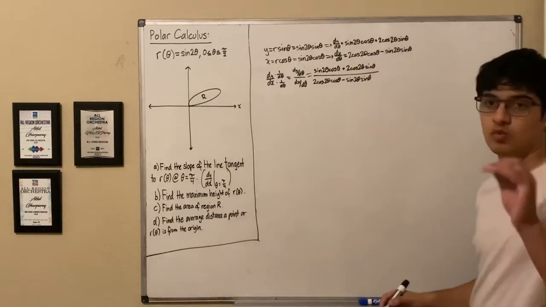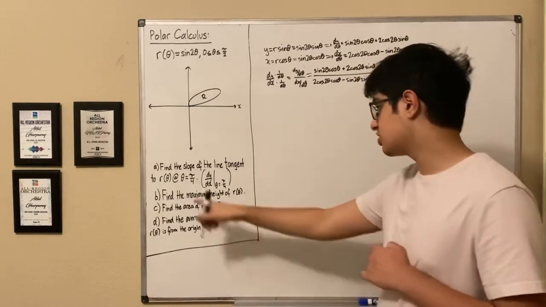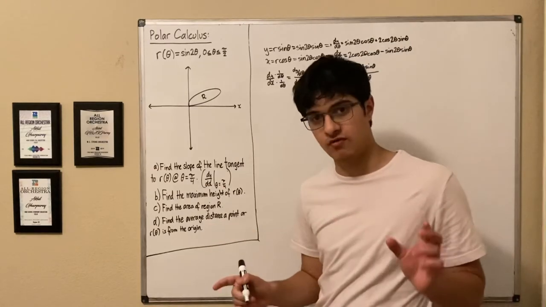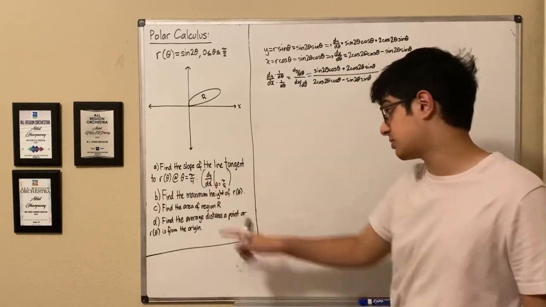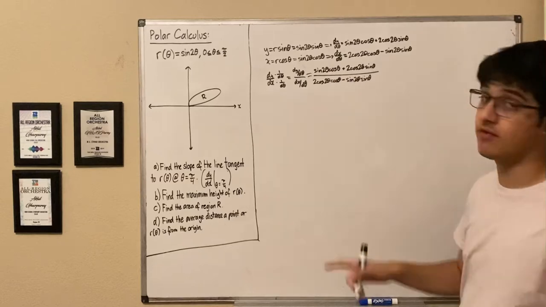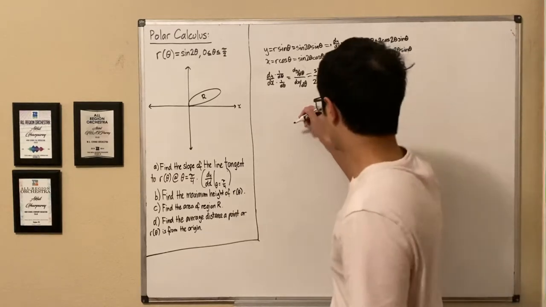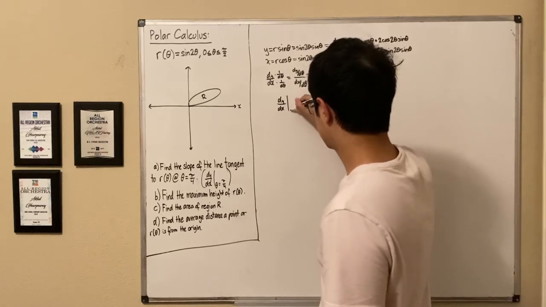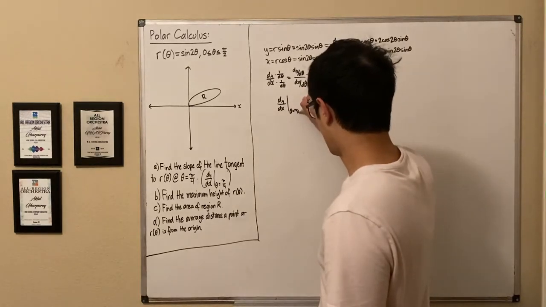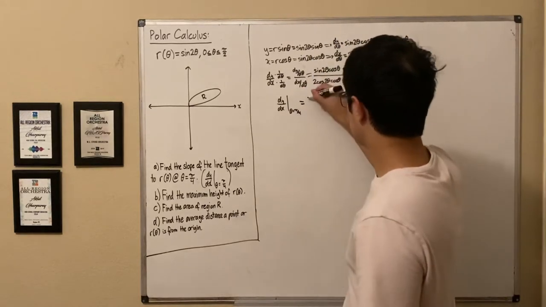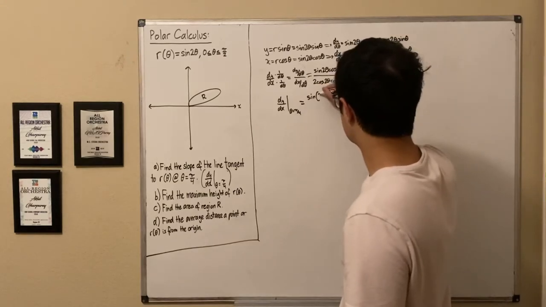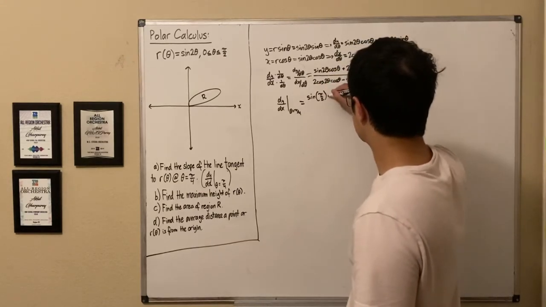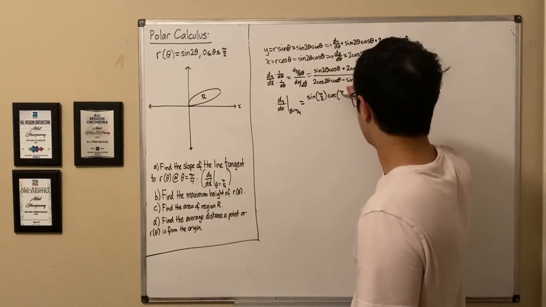Now, whenever we see a theta, since we're evaluating at pi over 4, we need to plug in pi over 4 for theta. So dy/dx at theta is pi over 4 is going to give us sine of pi over 2 times cosine pi over 4.